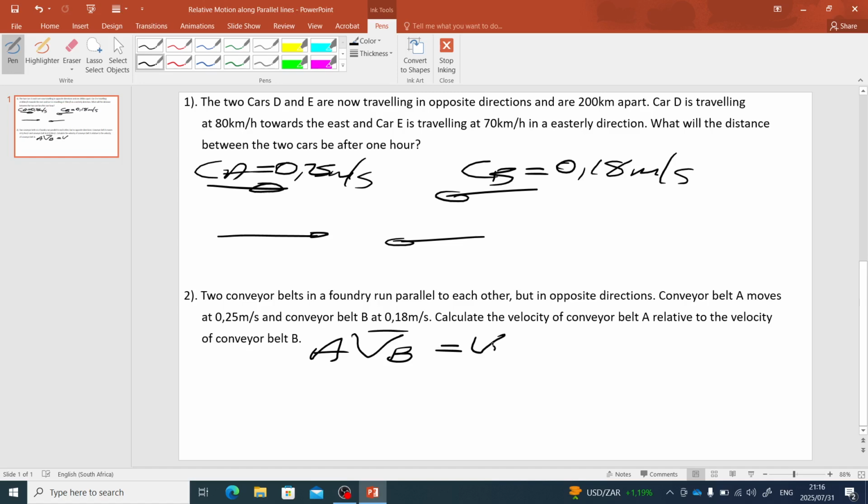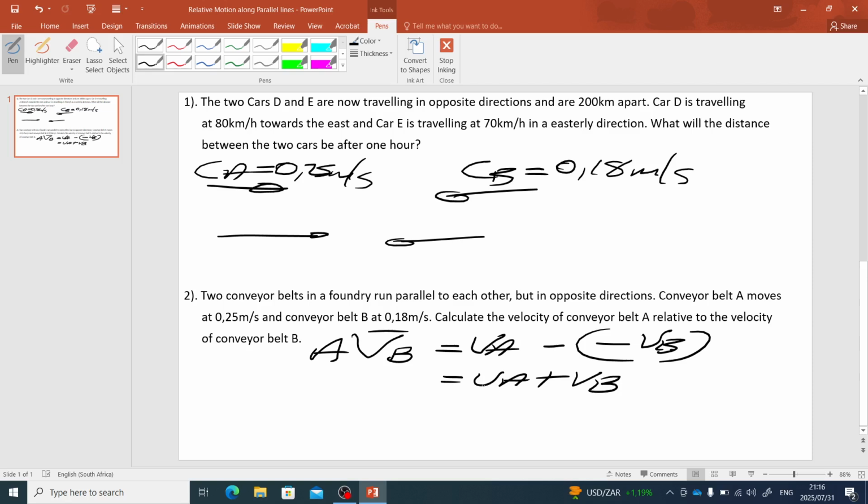Now we'll be having VA minus VB. Since they indicated that they are heading in opposite directions, we'll make VB opposite. With the negative sign, you are simply indicating that VB is heading opposite to VA. Negative multiplied by negative would be positive.